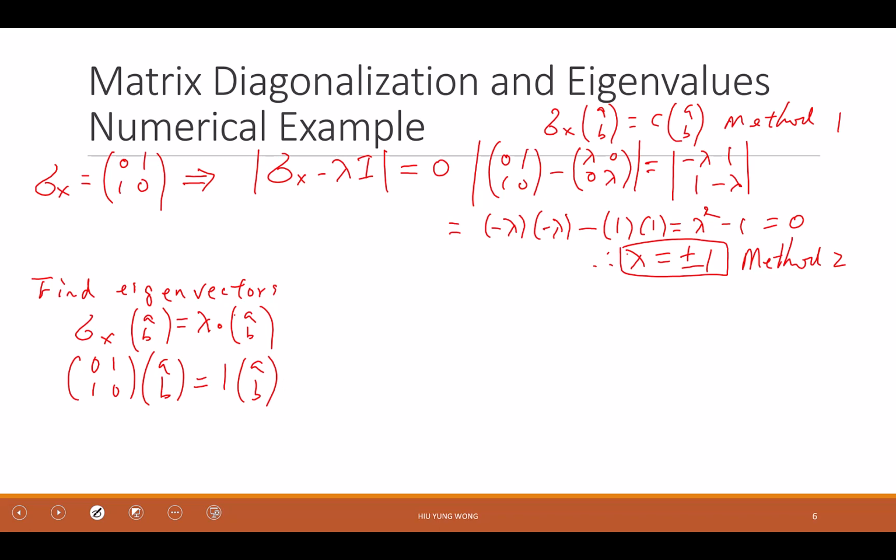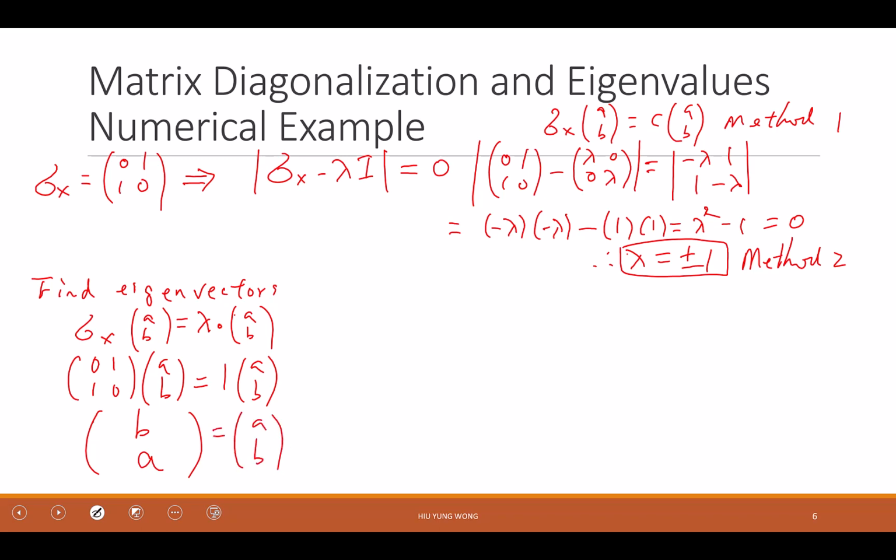And then on the left is just matrix multiplication. I hope that you are familiar with this. This is 0 times A plus 1 times B, which is B, and then 1 times A plus 0 times B, which is A, equals (A, B).